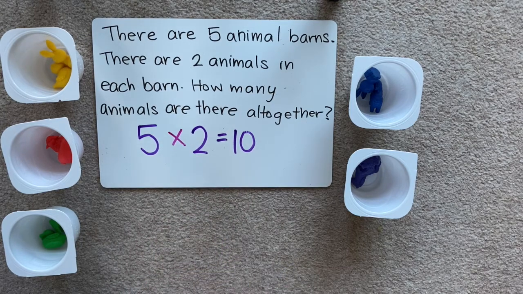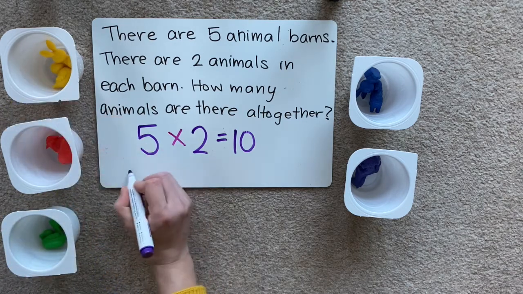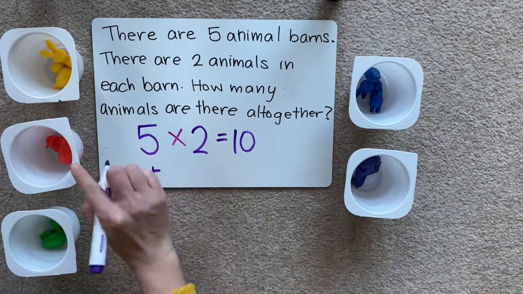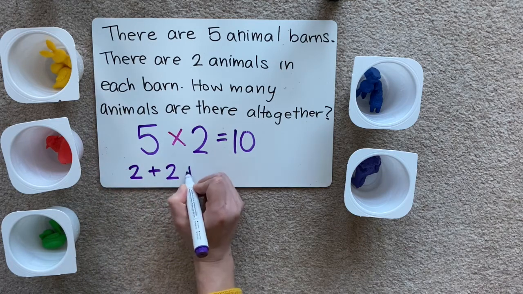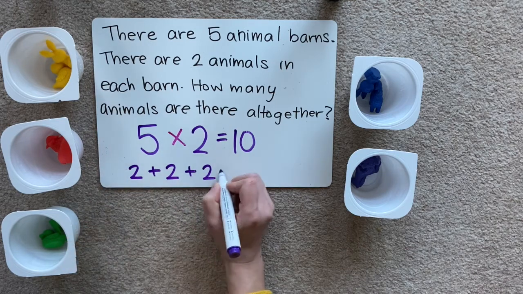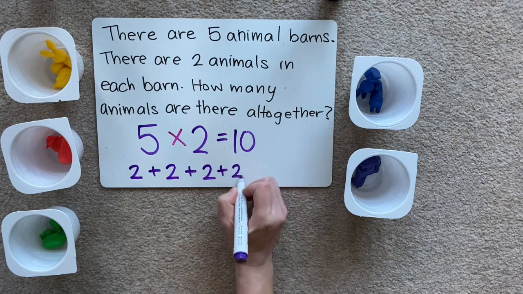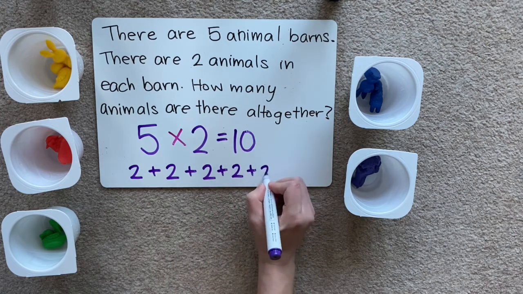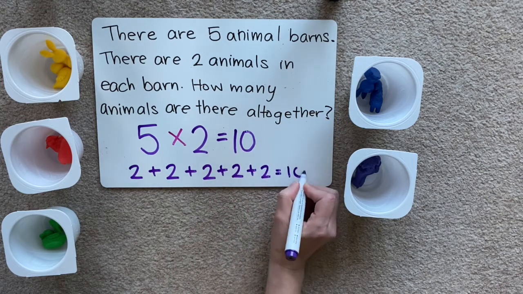Fantastic. Now, as a repeated addition number sentence, we have 2 plus 2 plus 2 plus 2 plus 2 equals 10.